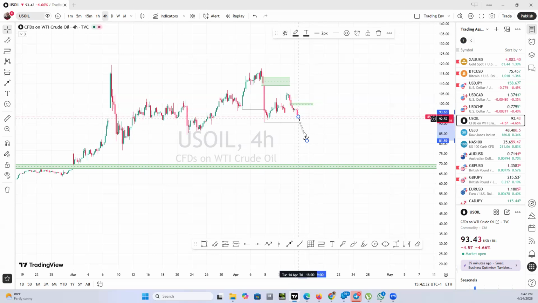So if we can get this break of structure to the downside, then we are not going to position for sell again, because we are very sure market will go back to this FVG. Even if it doesn't go back to this FVG, we are very sure it will come back to somewhere here. So the journey from here to here is entire uptrend. You understand?